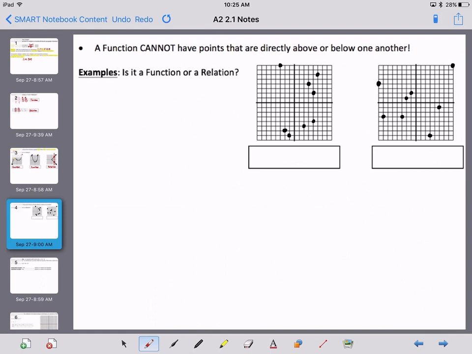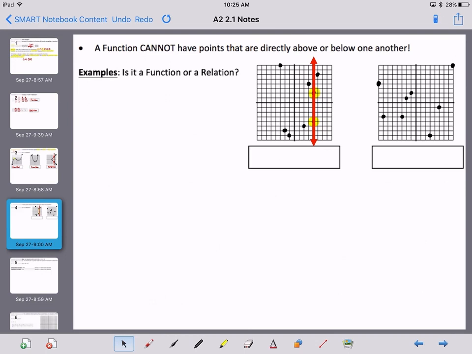So let's try that again here. Let's get another vertical line. We're going to see if these sets of ordered pairs create a function or a relation. If we pass this vertical line along in our first graph, that only hits once there, once there, once there, and when we get here to an x value of 4, notice I have this and this.